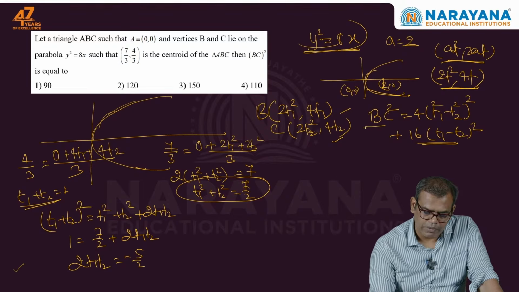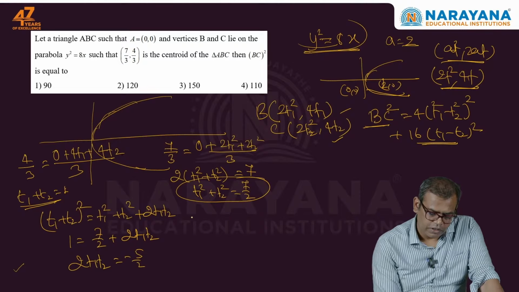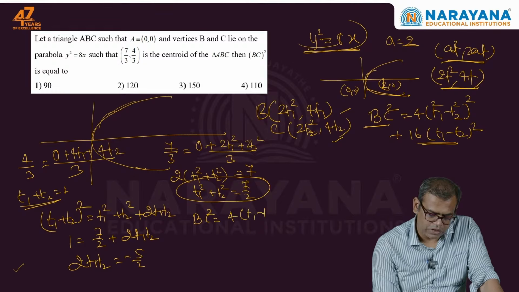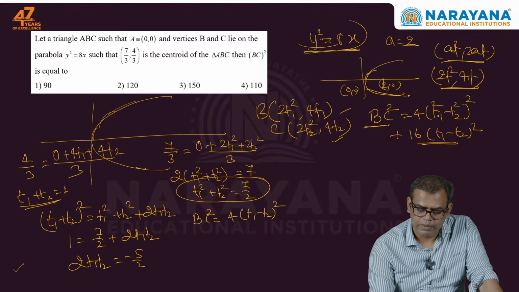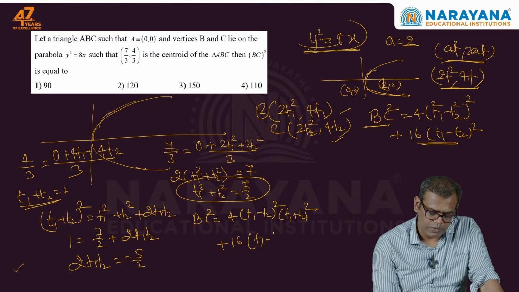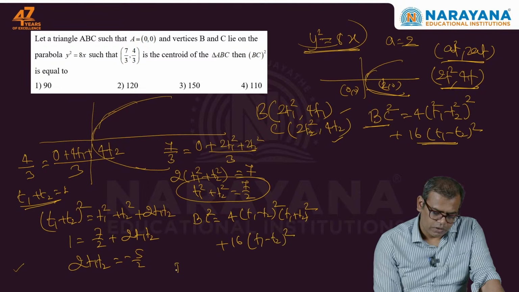And for this pattern, BC square will come here as 4 into (t1 minus t2) whole square. Using a square minus b square, it is (t1 plus t2) whole square plus 16 into (t1 minus t2) whole square. Therefore BC square, and what is t1 plus t2?